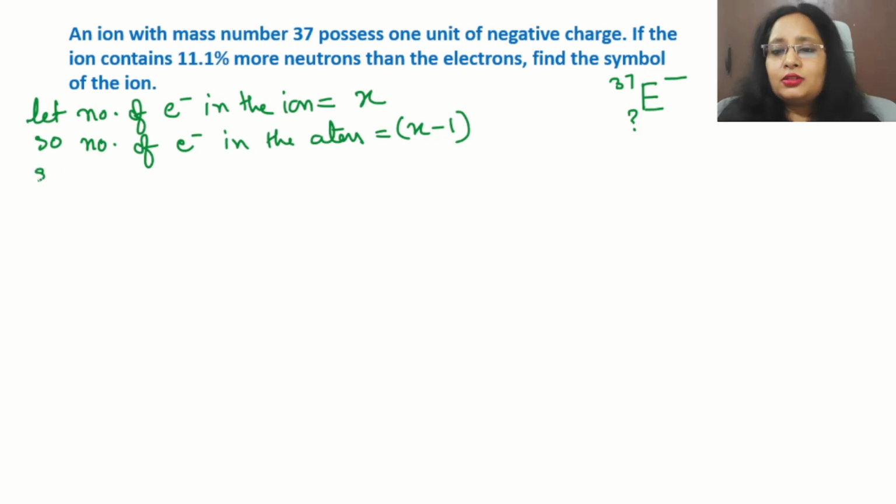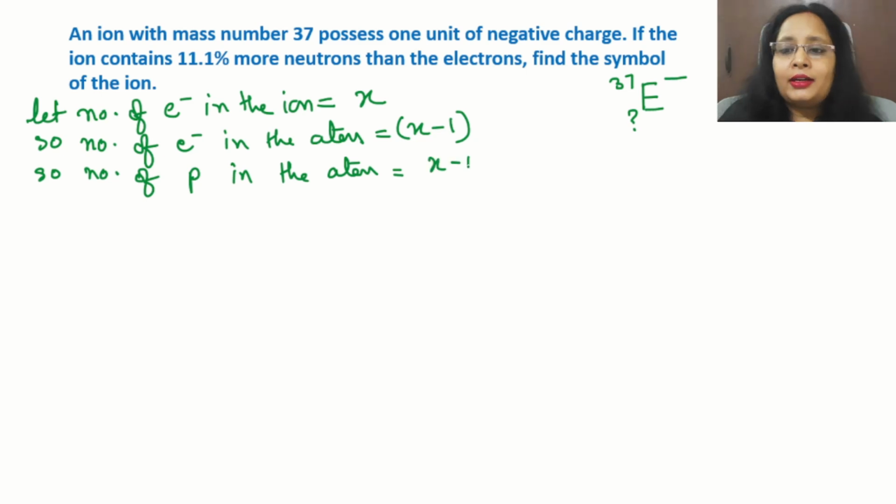So the number of protons in the atom will be the same as the number of electrons in the atom. It should be X minus 1, because in the atom, number of protons and number of electrons both are same.